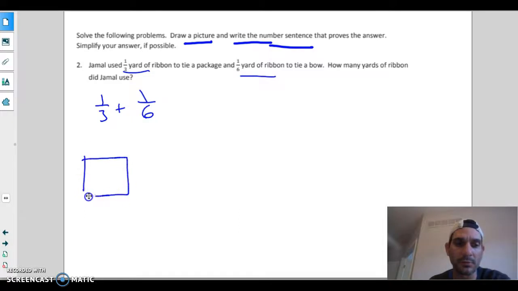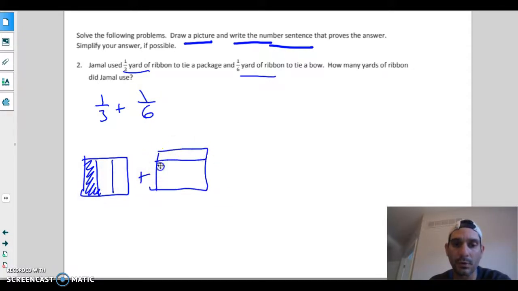So I'm going to do 1/3. Shade it in. Plus 1/6. 1, 2, 3, 4, 5. So now I'm going to shade in one piece here. Okay, and I'm going to switch up the colors and cut this into thirds.